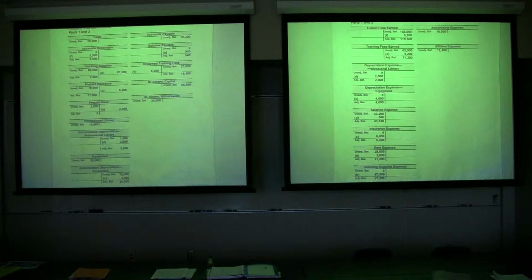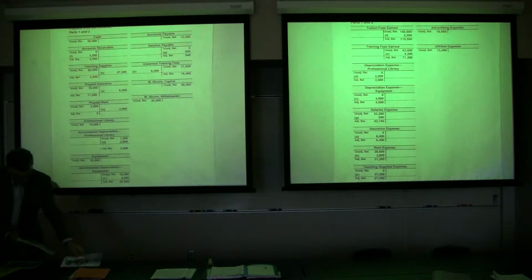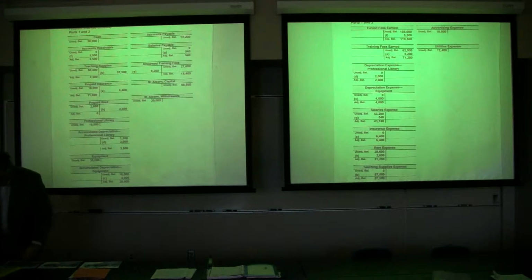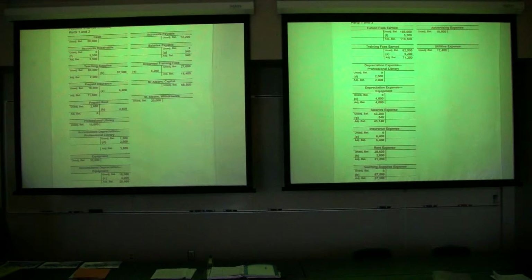And then equipment and then cumulative. Wait, training fees earned. It should just be 62,000.